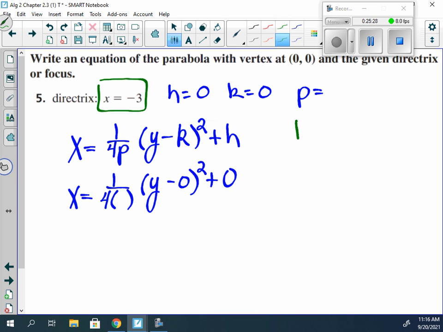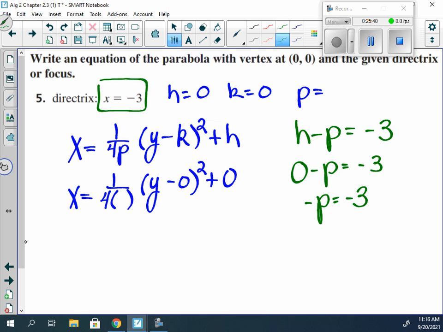We're saying that h minus p is, now what is h? We're saying 0 minus p is negative 3, or really negative p is equal to negative 3. So p is actually equal to what? 3.